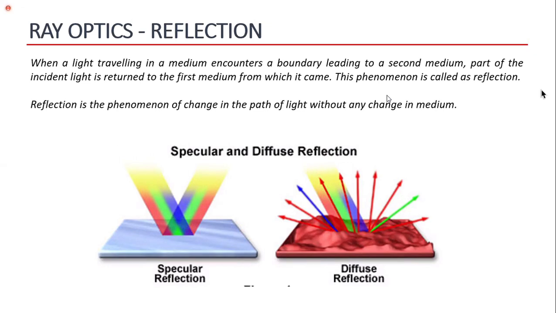Clear? Specular or regular reflection, diffuse or irregular reflection. Now, as I said, in reflection the path of the light will change without any change in medium.